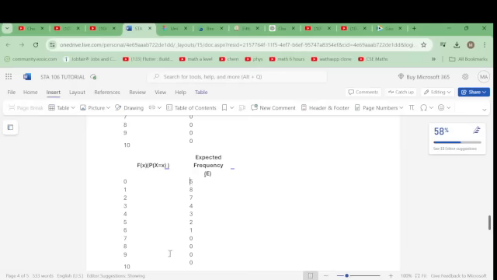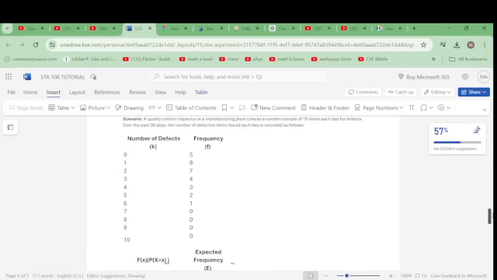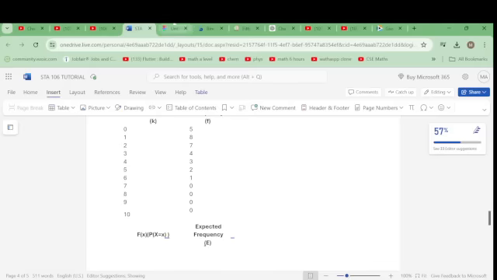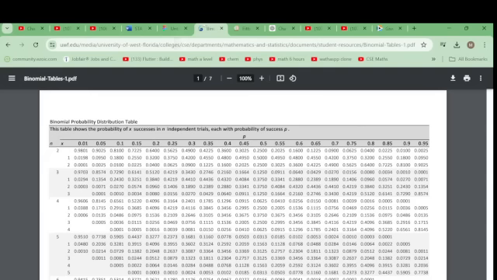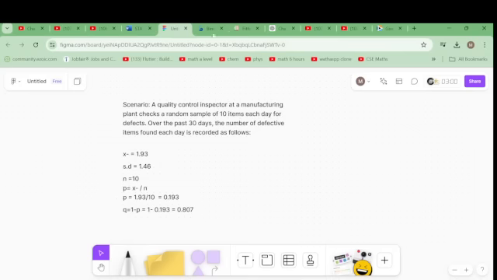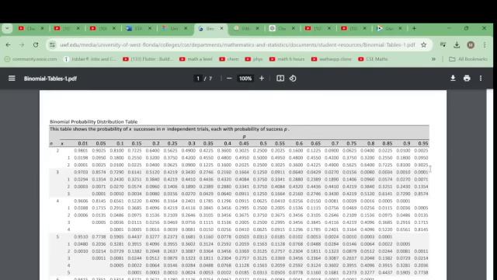So what is the first x? When our x equals 0, let's find our function of x. Let's go to the table. Remember, you will go to the table. What's our n? Our n is 10. So we will scroll down here.